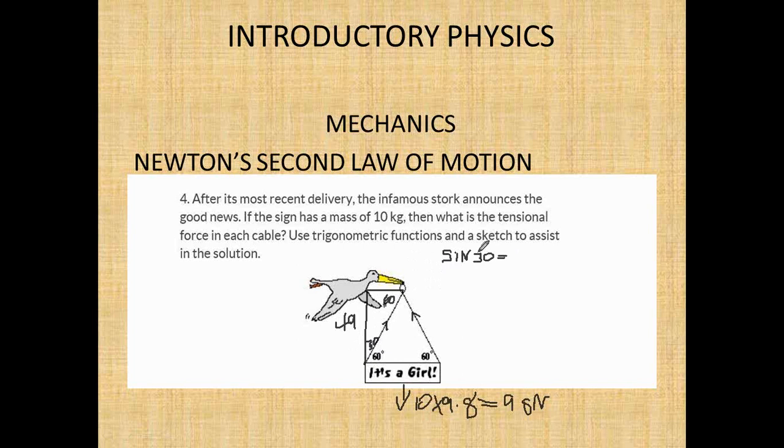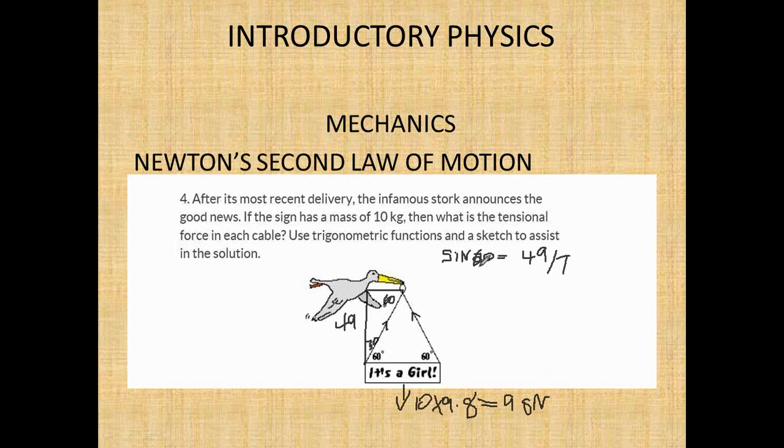So the sine of 60 degrees, the sine of this angle is equal to the opposite over the hypotenuse. So it's 49. The hypotenuse is the tension. So 49 over tension.